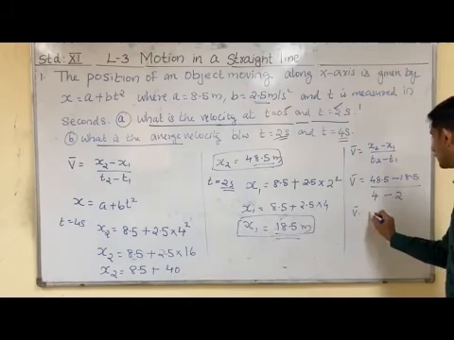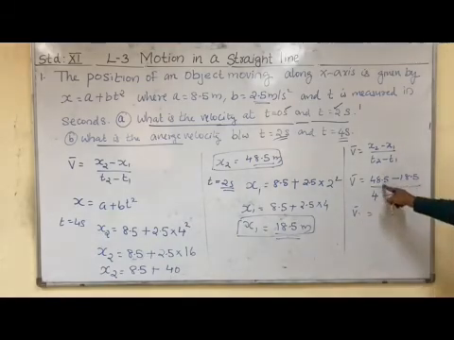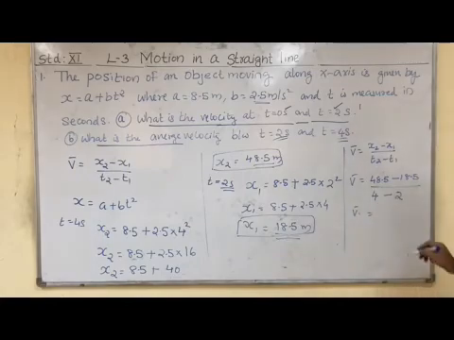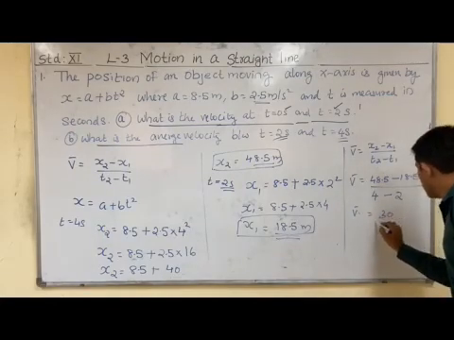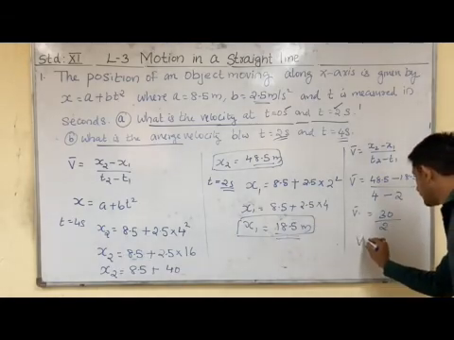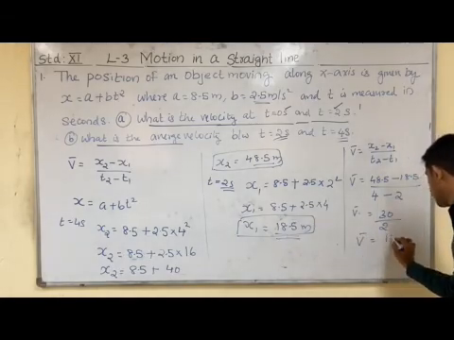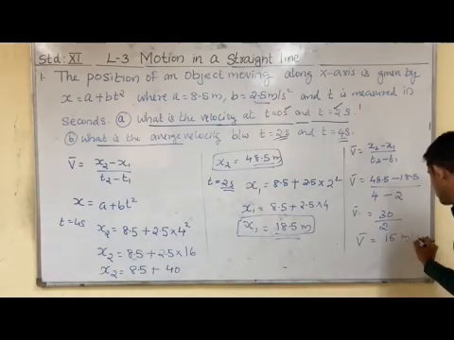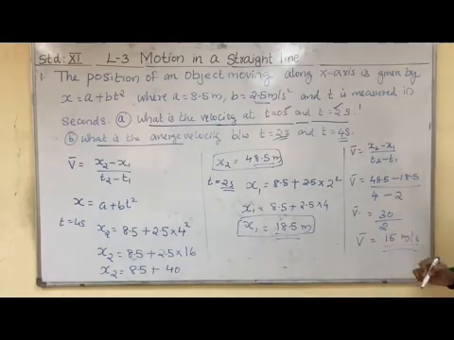So 48.5 minus 18.5 means 30, and 30 divided by 4 minus 2, which is 2. So we get the answer: average velocity is equal to 15 meter per second. This is the way we can calculate the value of average velocity.